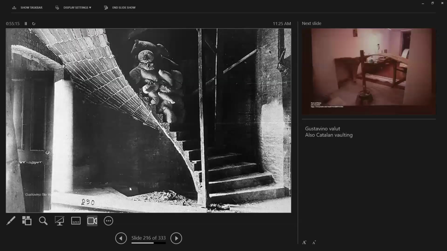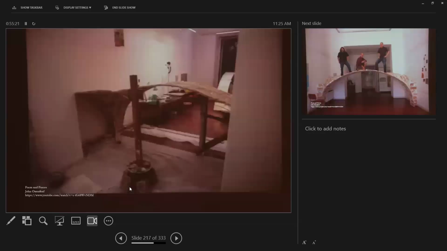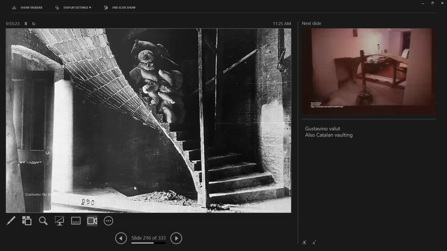Another is all of these Guastavino vault studies that John Ochsendorf did. It originally began, I think, maybe 20 years ago, because there were all these Guastavino thin tile vaulting structures that nobody really understood how they stood up structurally.